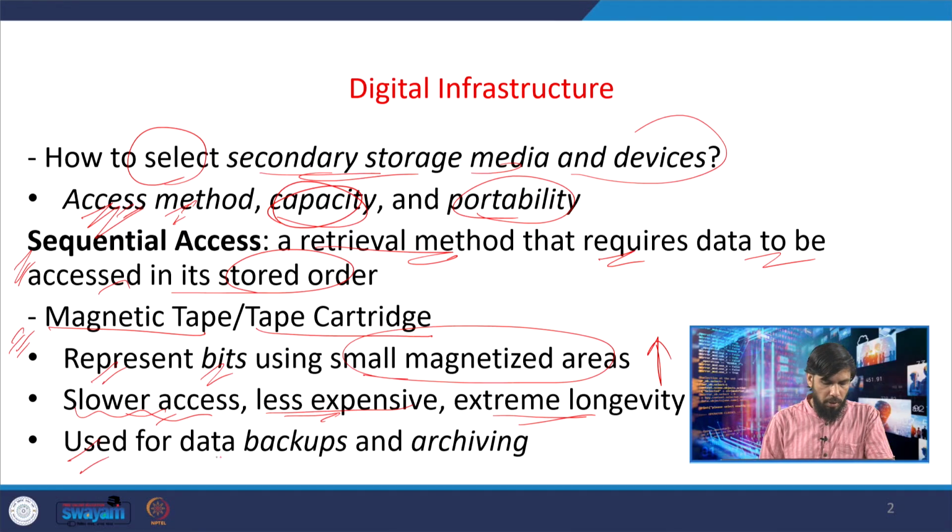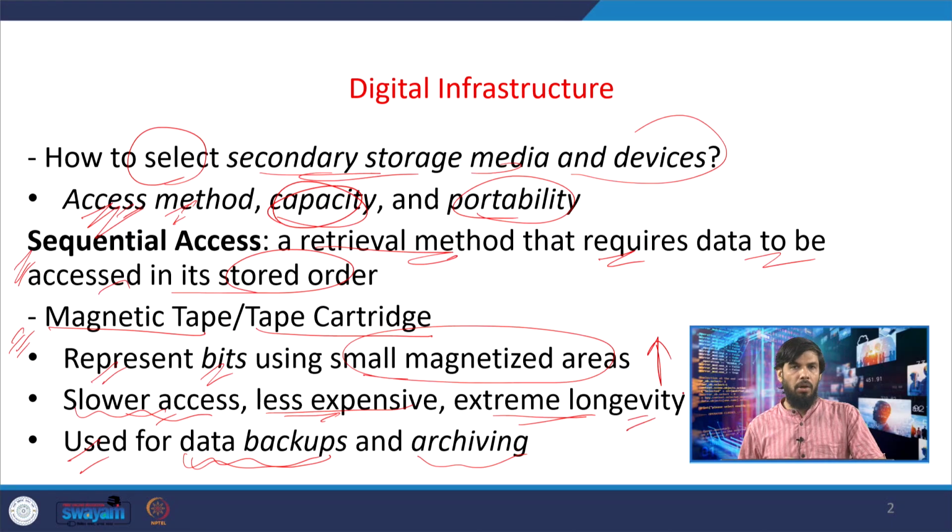They are naturally used for data backups and archiving, because of extreme longevity, despite slower access and sequential retrieval. Why slower access? Because with sequential access, to copy a certain piece of data, you have to traverse through all the points in their order. You cannot immediately jump to a particular point and copy that.